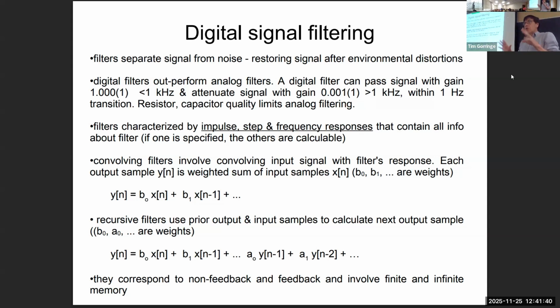There are 2 basic categories of filters. One we call convolving filters, and one we call recursive filters. And these sort of describe how these filters work. Here is an example of a convolving filter.